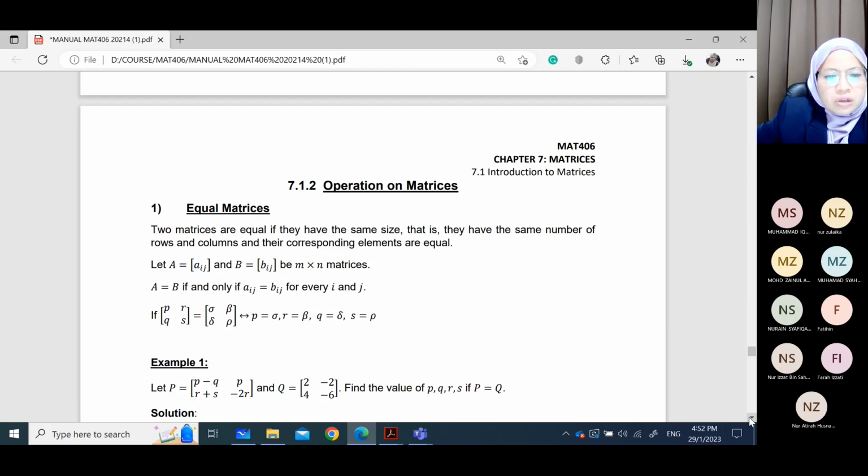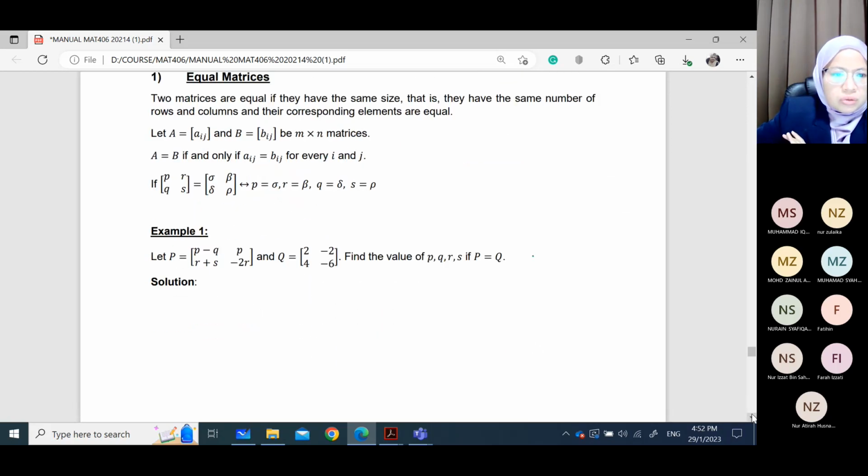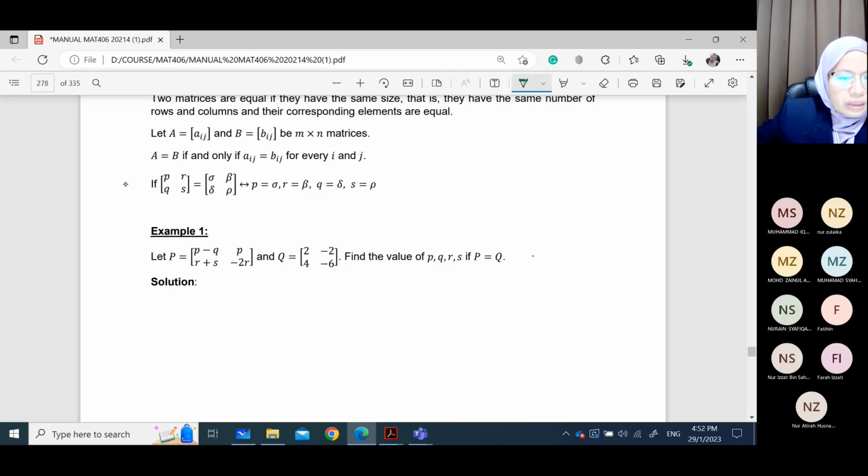Okay, so next kita tengok operation of matrix. Okay, so ini I pergi cepat sikit sebab dia adalah basic. So equal matrix adalah matrix yang sama. Okay, kita tengok ni contoh equal matrix. So katakan kita ada P, R, Q, S and equivalent with this matrix which is variance, beta, delta and phi.